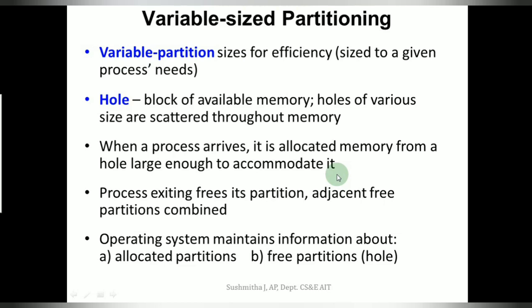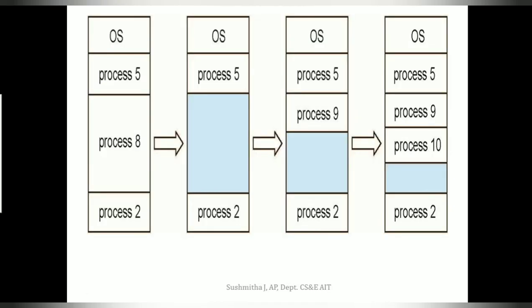Now we said here that there is a hole that is available, but this was an illustration that was pretty clean. That is, I had a space here, there came another process, I just allocated it here, and then there came another process which I just allocated adjacent to that.